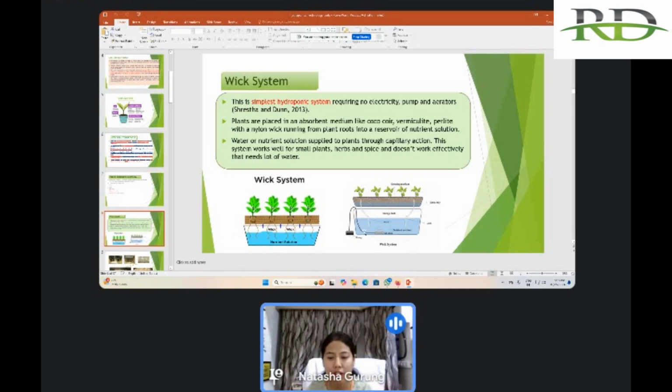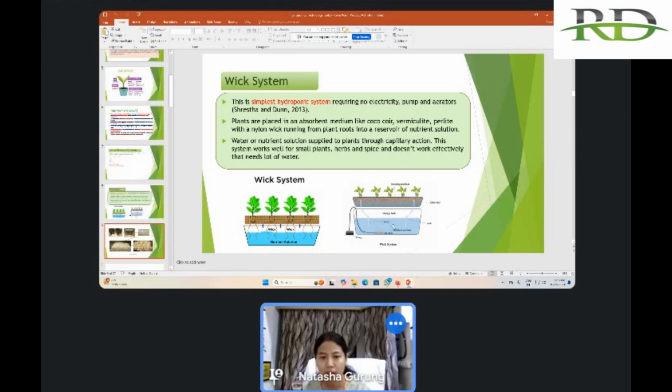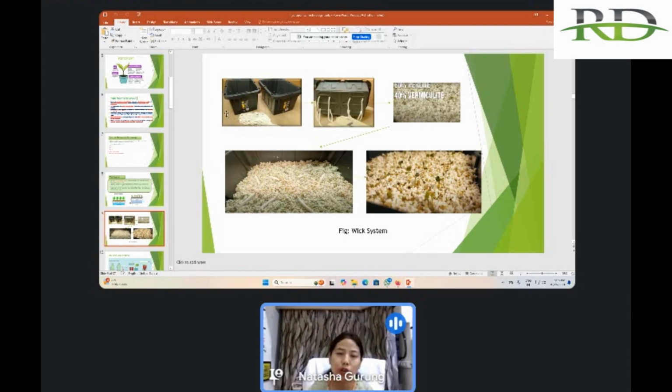In some wick systems, in advance, you can even use an air stone and a pump for giving oxygen to the plant. This is simply how you can do a wick system in your own house. Take 2 containers, drill some holes in the containers and put some threads or wicks, then take media, such as the media here, 60% perlite and 40% vermiculite.